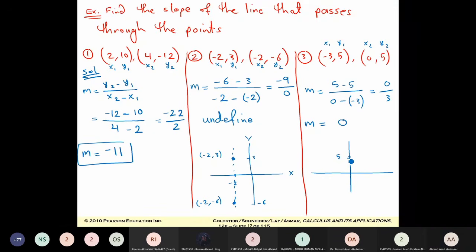The second point is (0, 5), and another point (3, 5). Look at this. This is a horizontal line. So the slope equals 0.